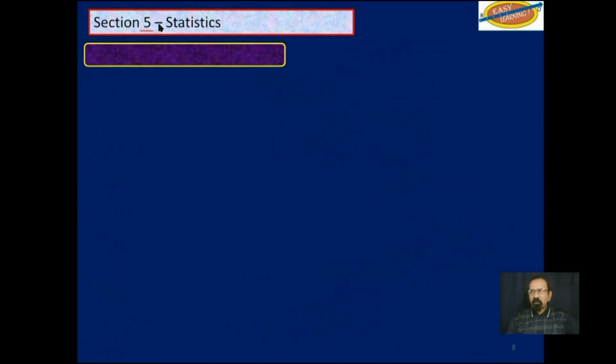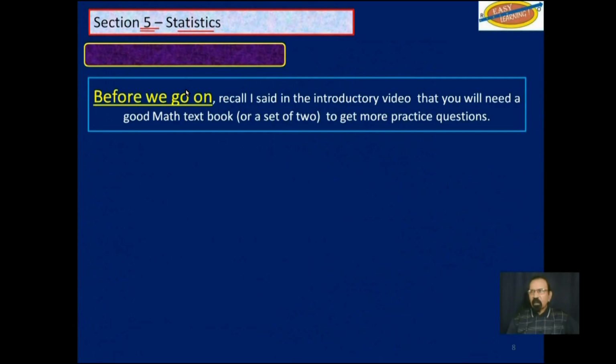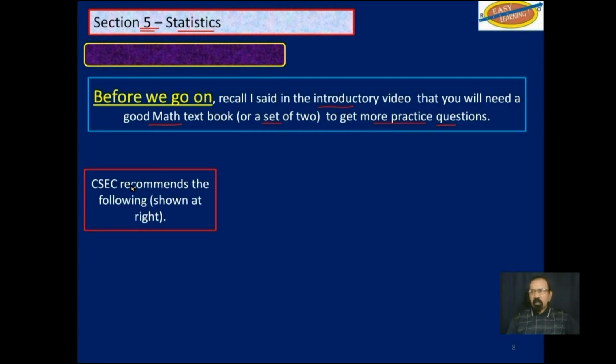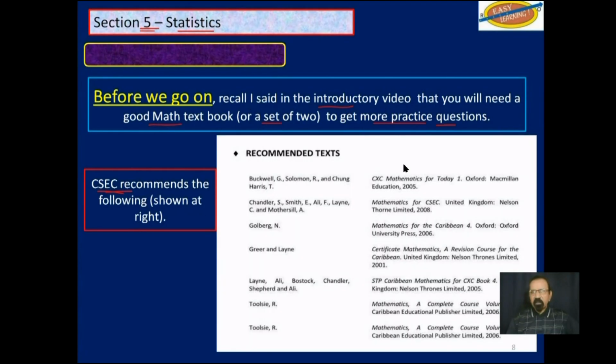We are now at section 5, statistics. Before we go on, recall I said in the introductory video that you will need a good math textbook or a set of 2 to get more practice questions. CSEC recommends these in its syllabus, these that you see here.